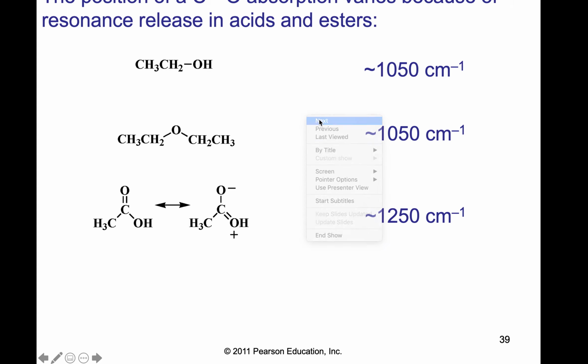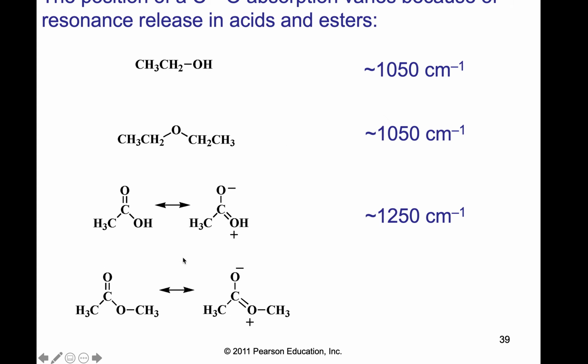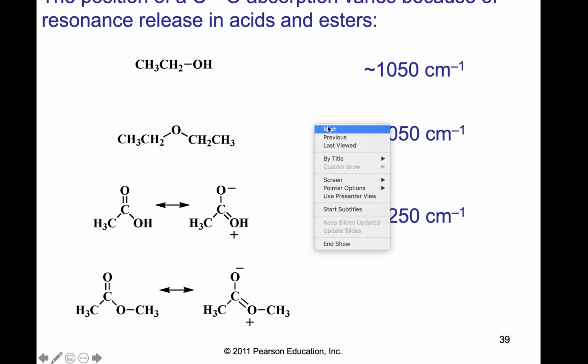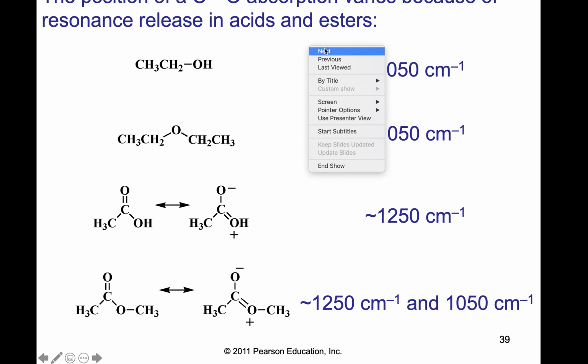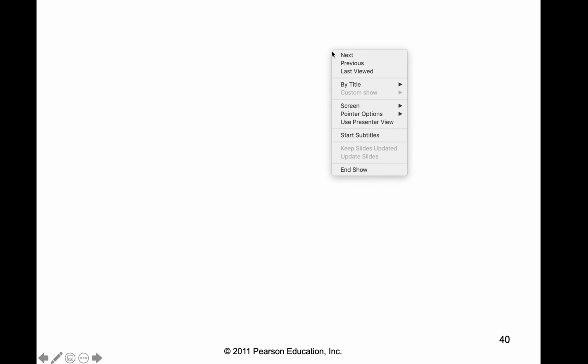That'll take you to 1250. Then with the ester, that's going to be about 1250 and even 1050. So you're going to see not so much resonance as here, the third example, but you will actually see a little 1050 showing up with that ester versus the carboxylic acid. These are subtle things.